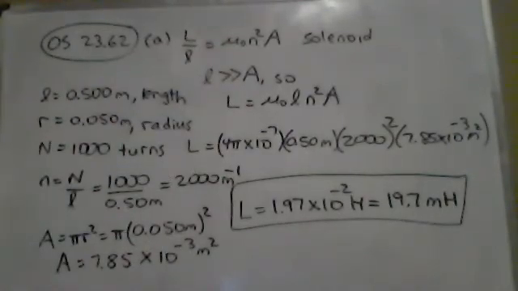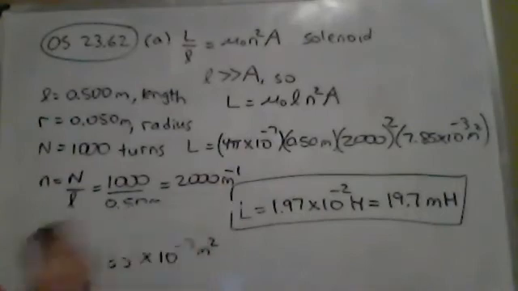Part B. Now we want to calculate the energy stored in the inductor if the current is 20 amperes. I'm going to reuse this value for L and put that in the parking lot.